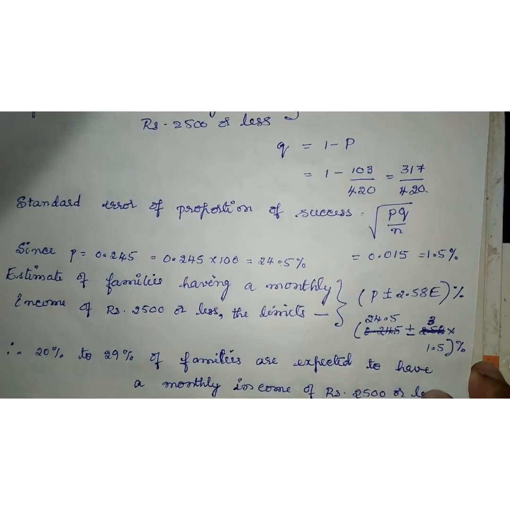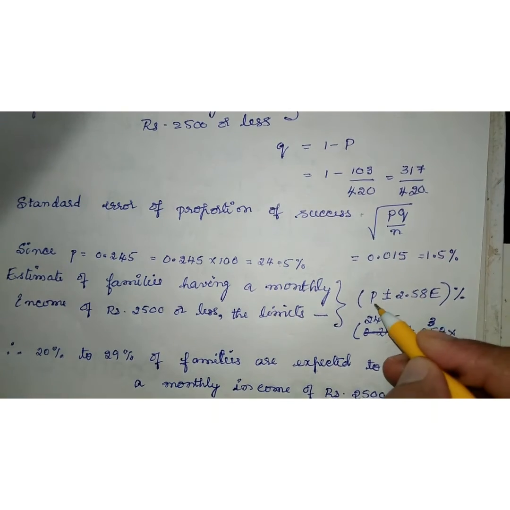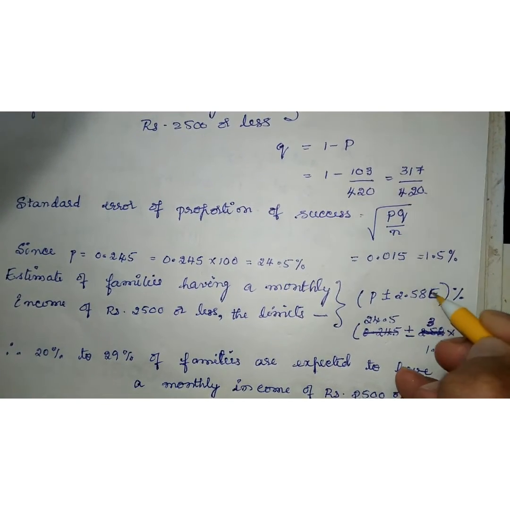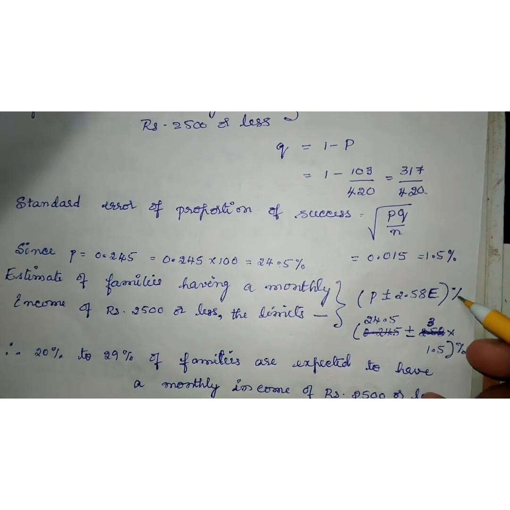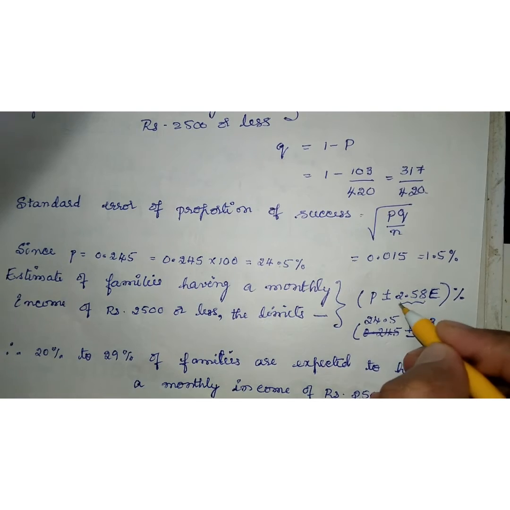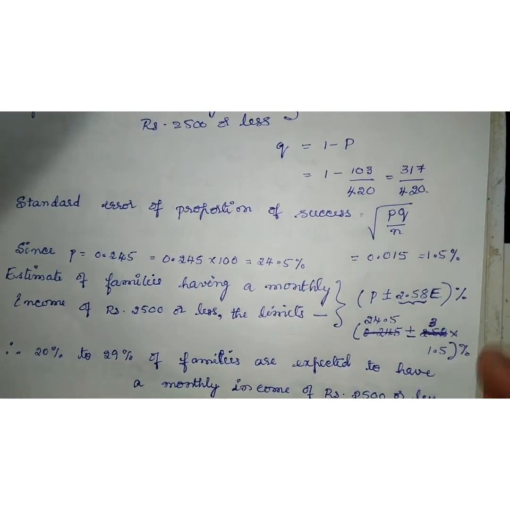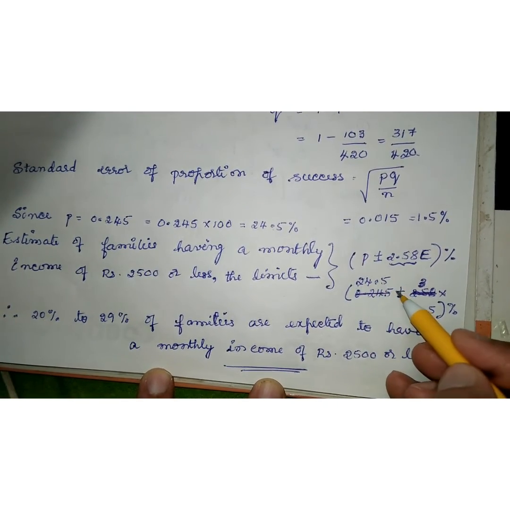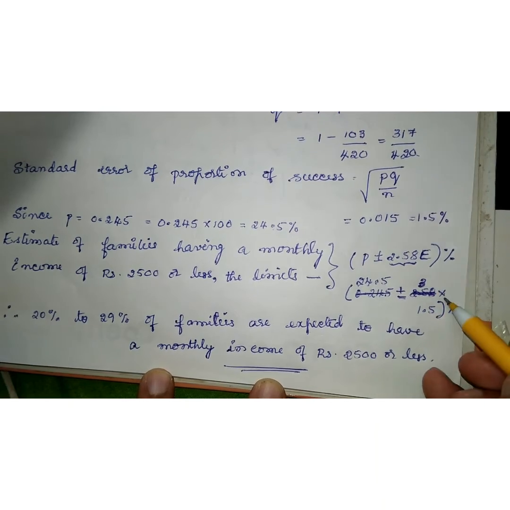So further, the estimate of the families: the formula is p plus or minus 2.58 into the standard error in percentage. Since I already told you, for more accurate values I can take this 2.58 as 3. So it is 24.5, the p value in percentage, plus or minus 3 into 1.5.